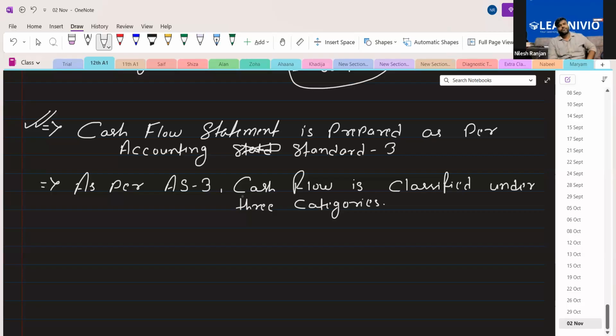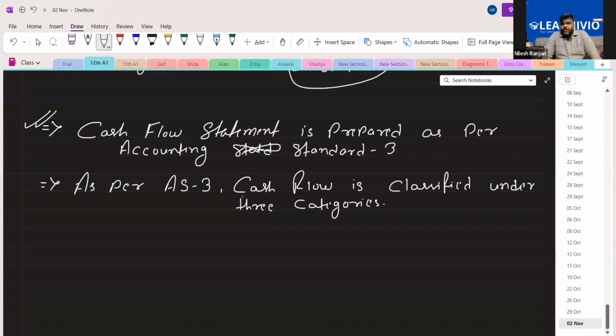So what is AS3? Accounting standard 3 is a set of rules created by the government for accounting purposes. In India, many rules and regulations are created. Like AS3 is for cash flow statement. AS6 was for depreciation, now it is AS10.